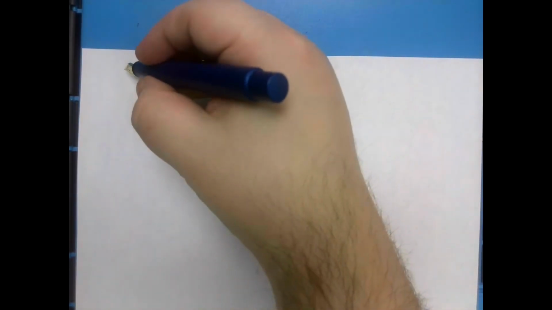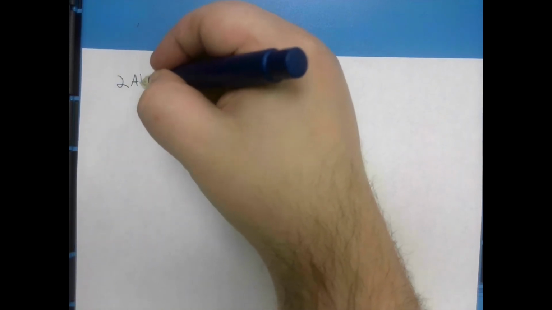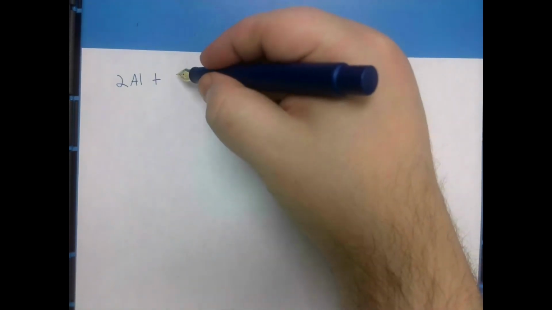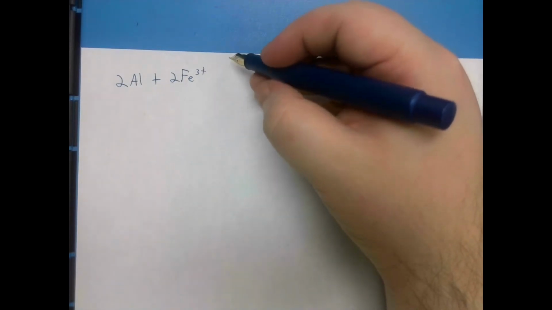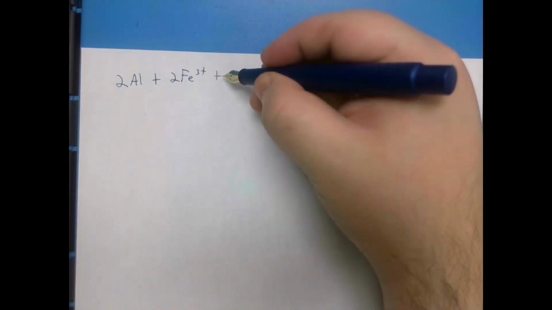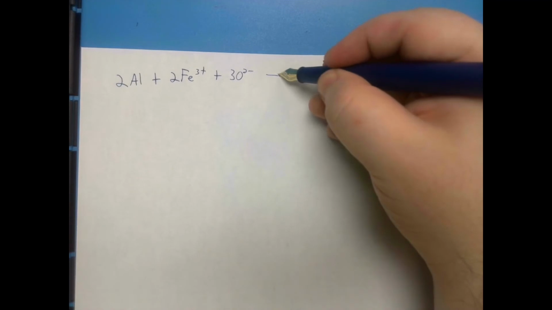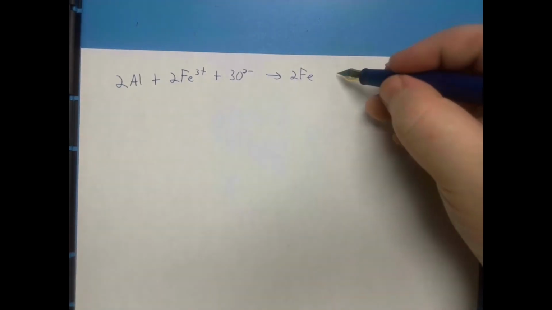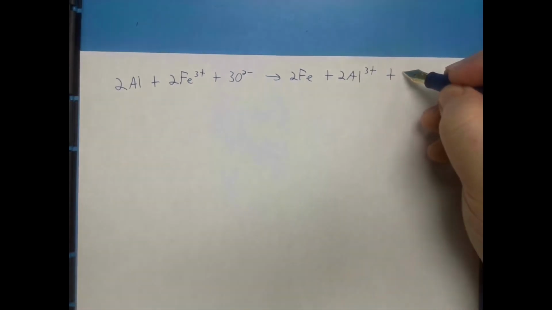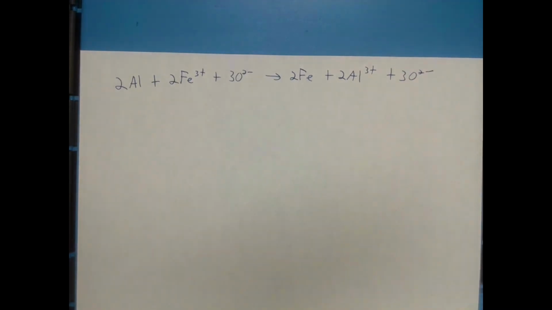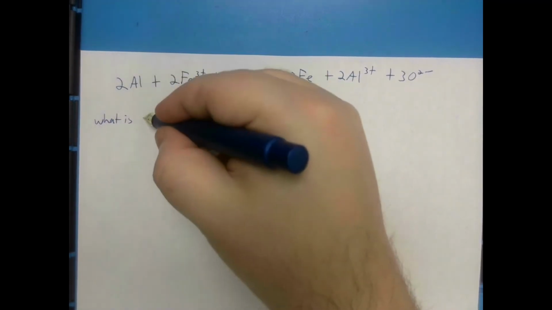So let's try another one. This will be not the net, but just an ionic equation. What is oxidized?